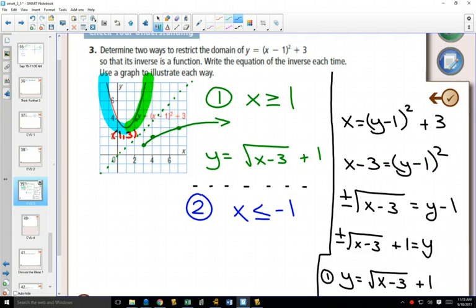If you chose x less than or equal to 1, and you picked points on here, well, you'd still have (3, 1). Now we have (0, 4), so that would be (4, 0). And we have (-1, 7), so that would be (7, -1). That would create the bottom part. X is less than or equal to positive 1.